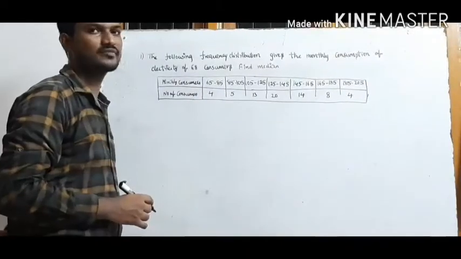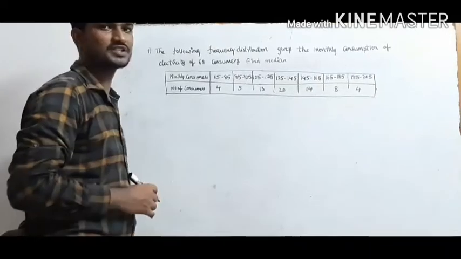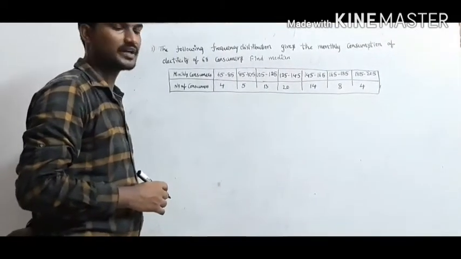Given the following frequency distribution giving the monthly consumption of electricity of 68 consumers, find the median.